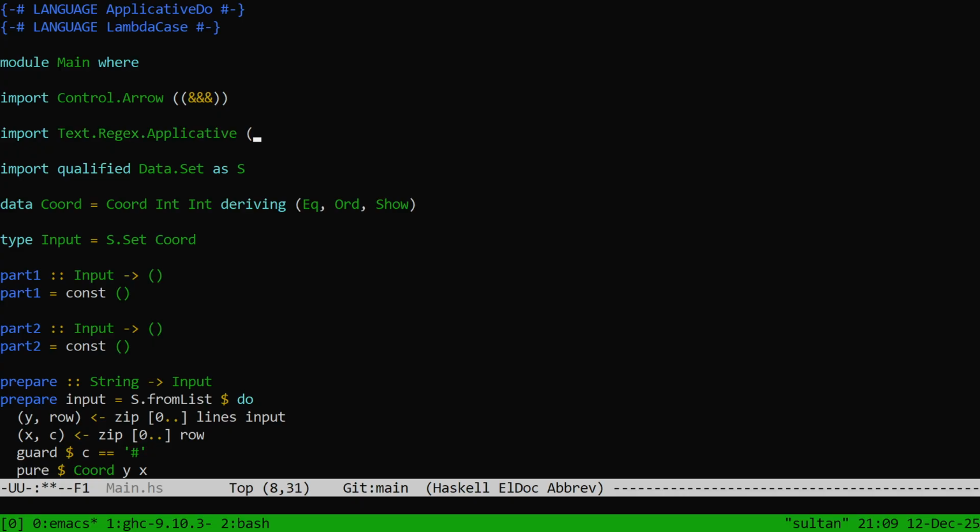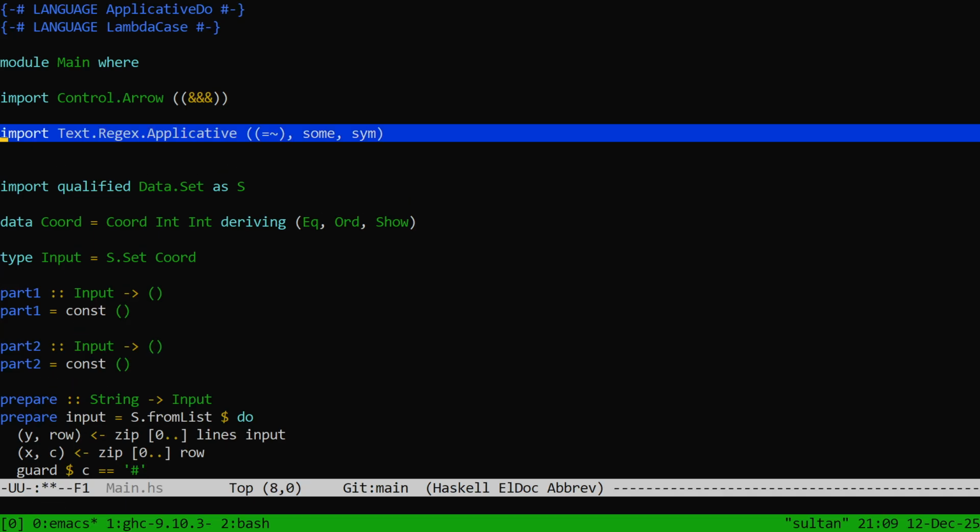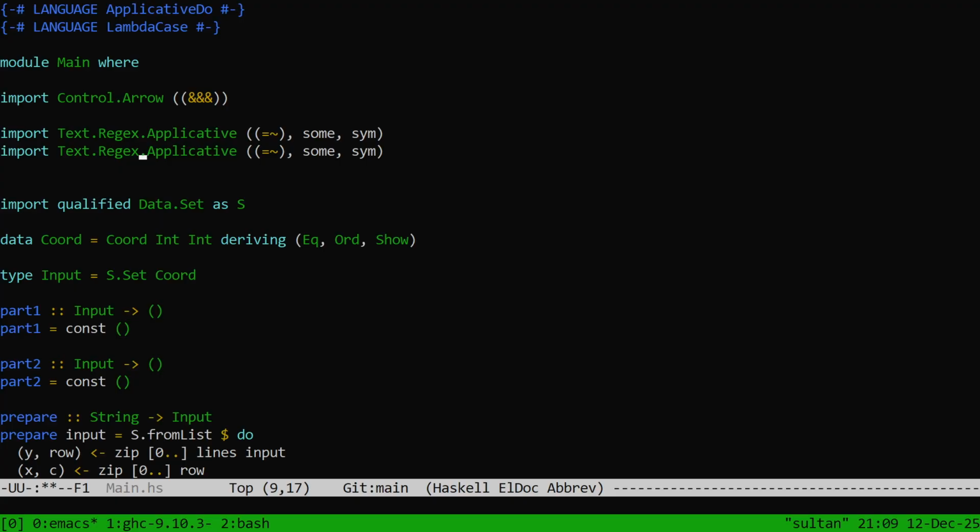So give me the match operation. Give me sum. Give me symbols. I think that's it. And give me a way to parse ints, please.